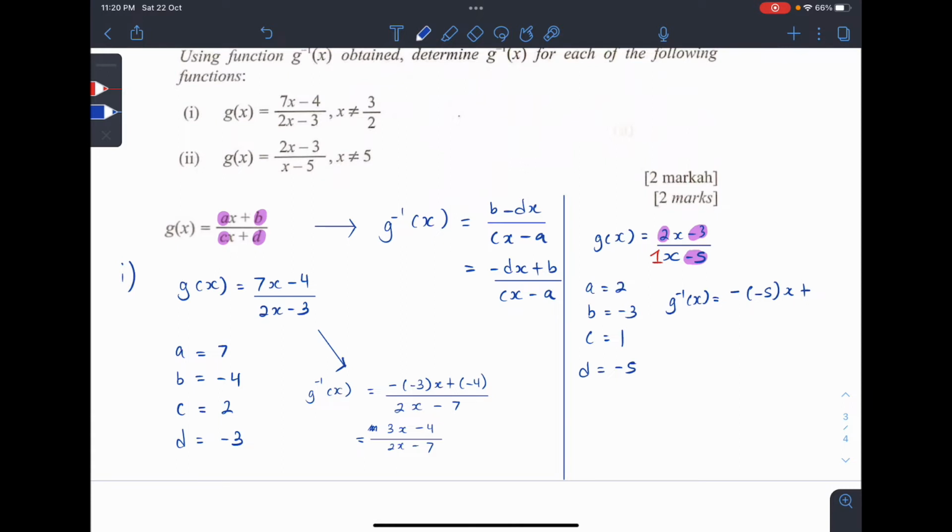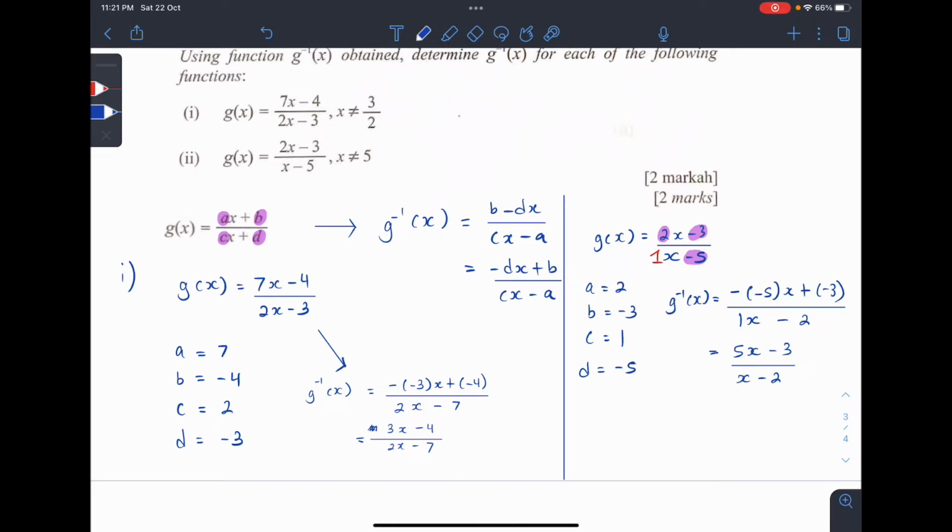What is b? It is negative 3, over c x. C is just 1, so that's just 1x minus a, so minus 2. It equals (5x minus 3) over (x minus 2).